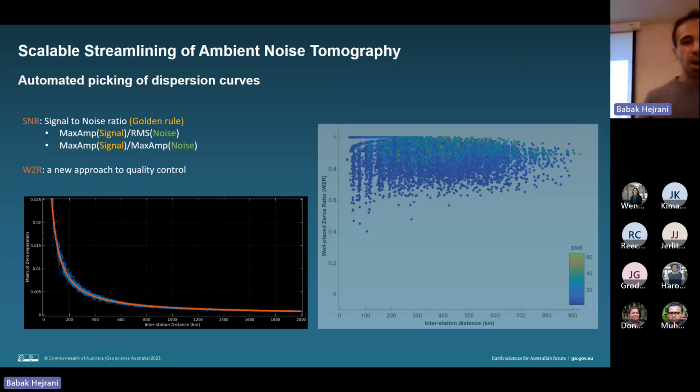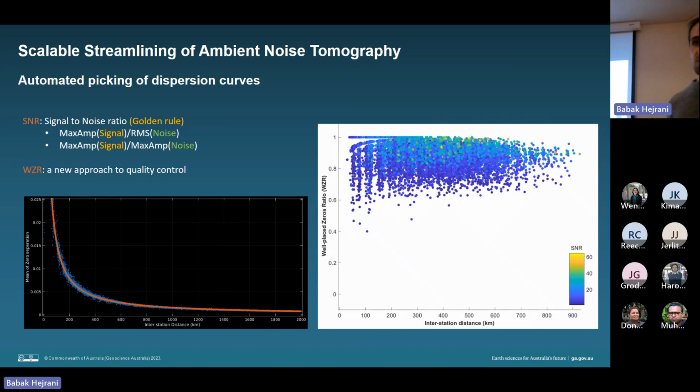Now, you might be asking, how does this work when you compare it with the signal to noise ratio? Now we have a new way of computing how good a dispersion curve is, how good a surface wave signal is, compared to the traditional method in seismology, which is signal to noise ratio. So I've plotted on the x-axis something I call WZR instead of SNR.